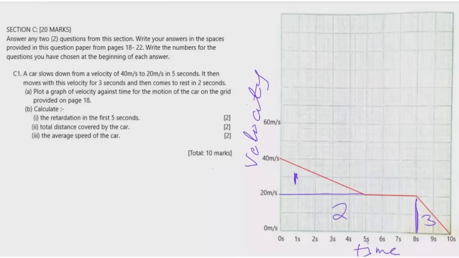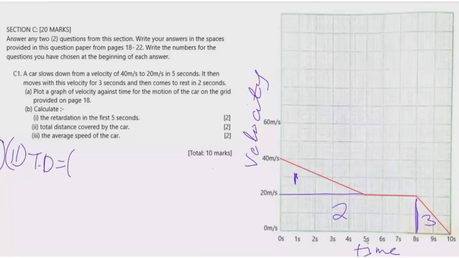So let's go ahead and solve that one. This is question B2. We say total distance, which I'm going to write as TD.